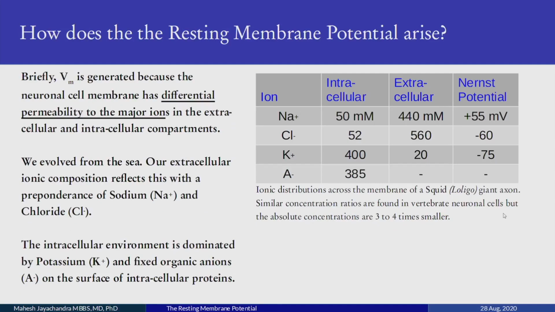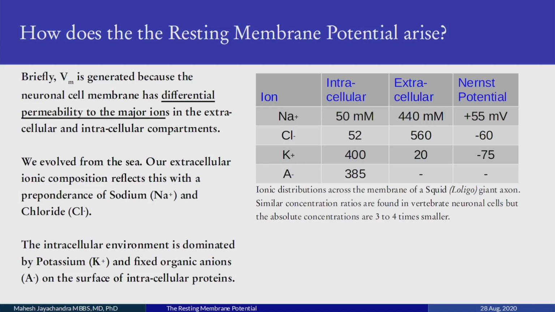So now the question, how does it arise? And this is very interesting. One of the most fundamental things of neurophysiology can be just worked out from the concentrations. It's kind of chemistry. Briefly, all these neuronal membranes are differentially permeable to major ions, and they're not permeable to all ions, only certain ions.